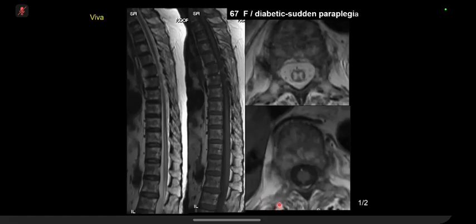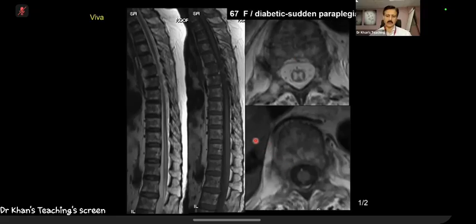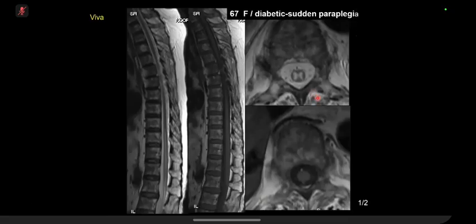So I've got T1, and then I've got T2, then T1, and so this is a T2, this is a T1. Look at the cord. It's edematous on the T2 centrally.